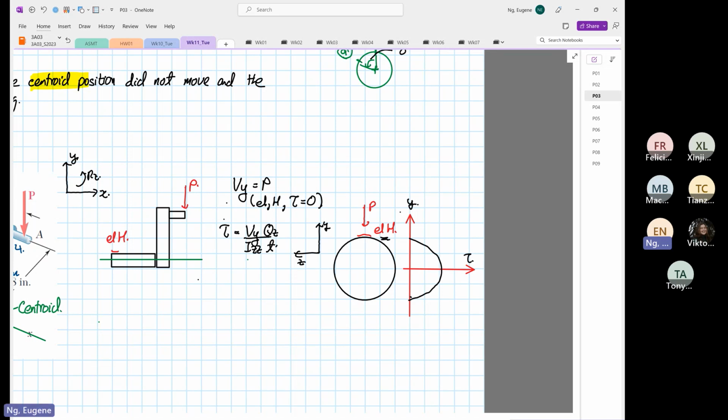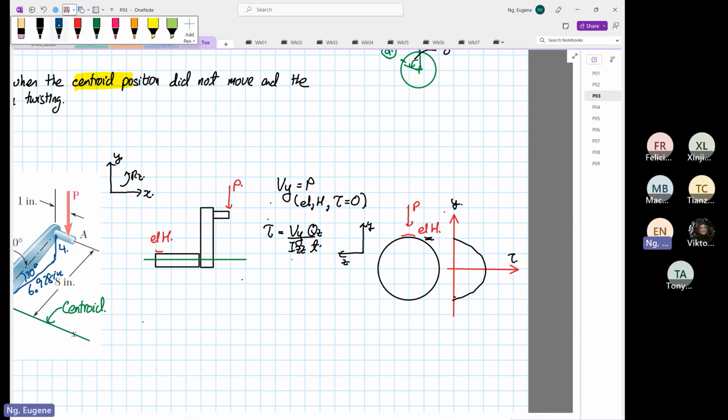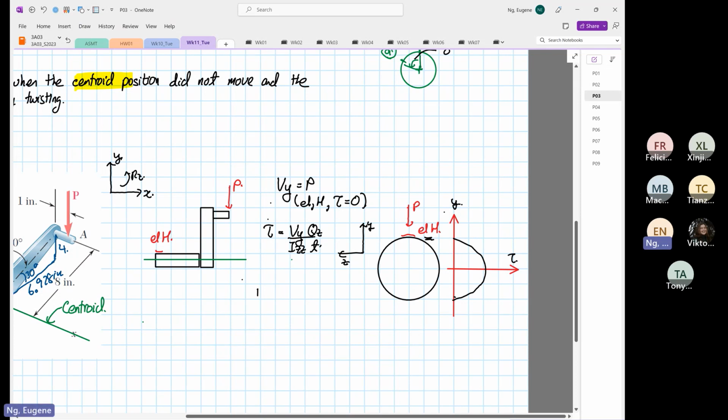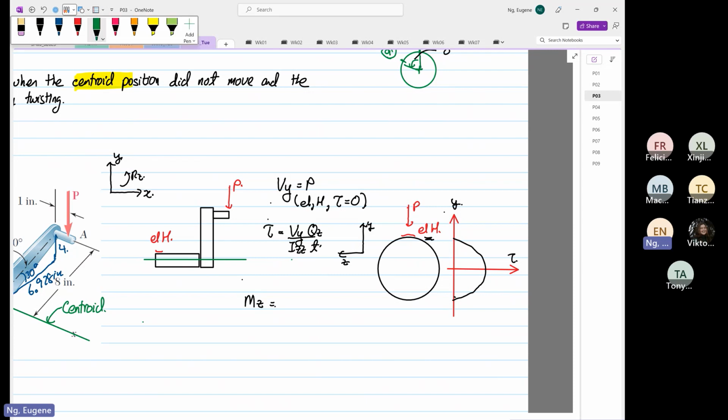Then from here, we know that there's a moment in the Z direction, right? What you can see now, the force is perpendicular to the centroid. So this is our centroid.